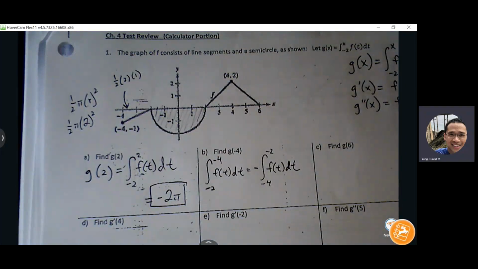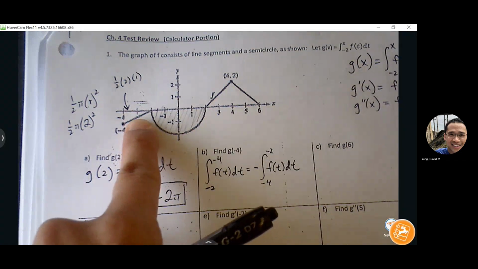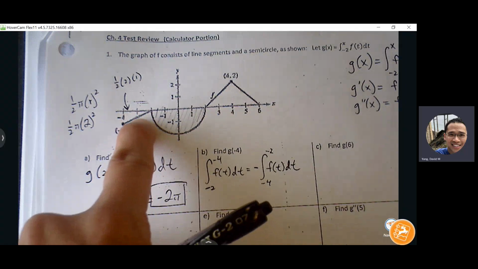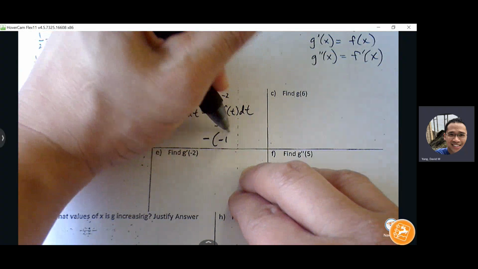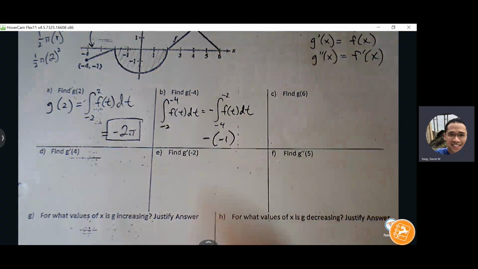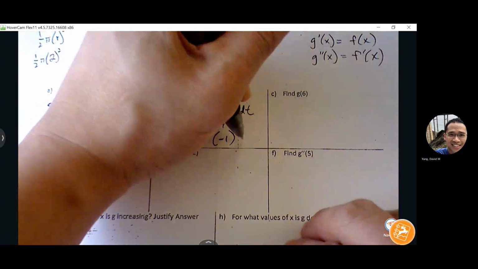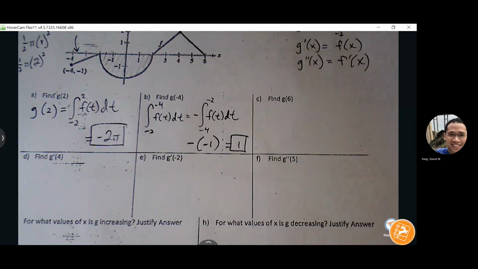What's the area there? 1, but below the x-axis, so -1. So I have to keep track of that additional negative and the negative in front because of the flip. So it ends up being +1. Okay, questions?